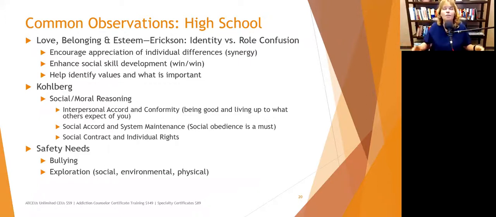That may be enough, but you want to help youth start developing these social skills now, and have them start developing and identifying their values, what's important to them. Parents can go online and print out a list of like 50 of the top values and have the youth look at it and identify the top 10 or 15 that they think are important, that they think characterize them, like honesty, loyalty, creativity, whatever.